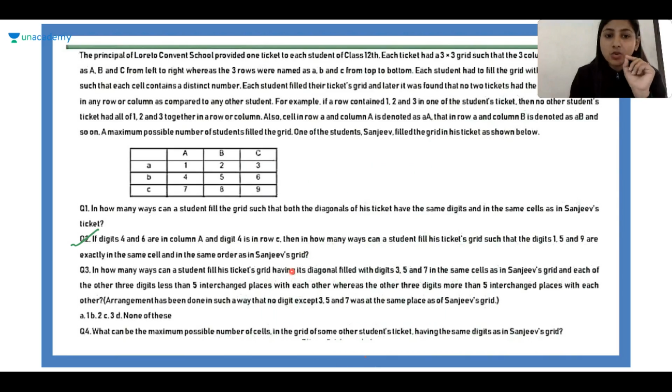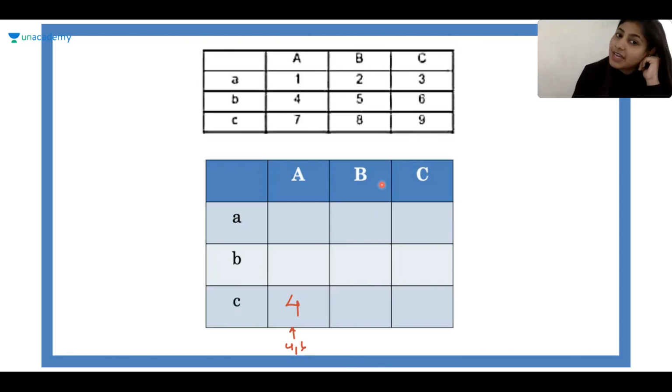Okay, I'm just writing down what is given. Digit 4 is in row C. Then, in how many ways can a student fill his ticket's grid such that the digits 1, 5, 9 are exactly in the same cell and in the same order as in Sanjeev's grid? 159 have to be in the same order as in Sanjeev's grid.